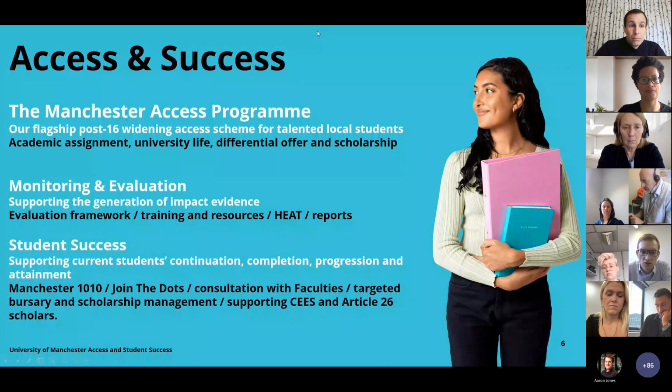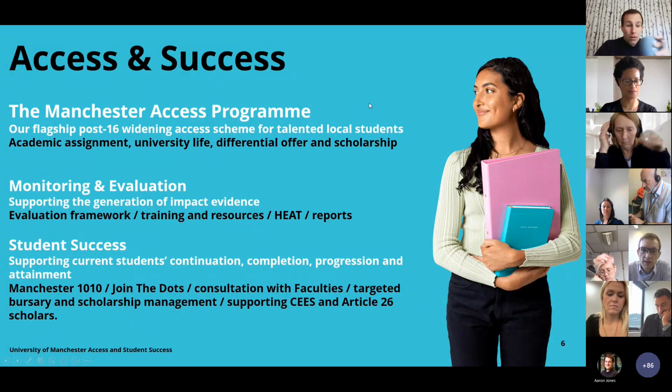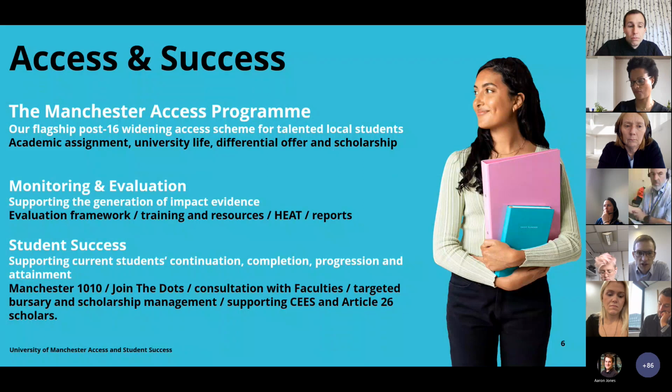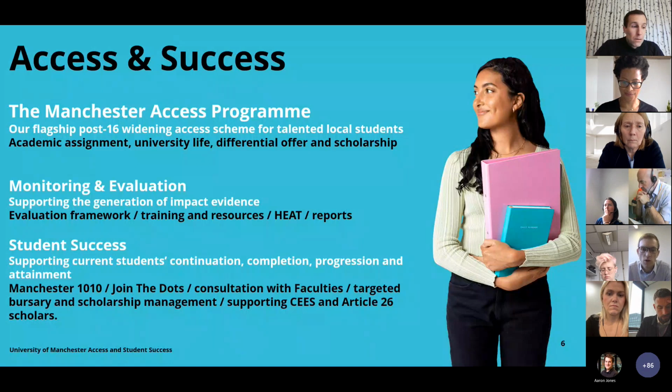To seek to address that, we have initiatives like Manchester 1010, which is based on building a community and providing opportunities to engage with university services, in partnership with the student group, the Black Excellence Network. And as Cherie mentioned, we've recently been running focus groups to hear more about the lived experience of students, so we can better plan and co-create our initiatives alongside students, rather than trying to do activity to them. We're trying to work with them as much as possible to make that more impactful.